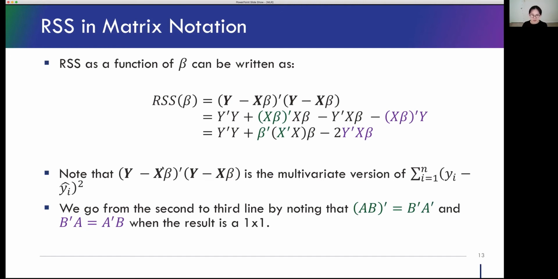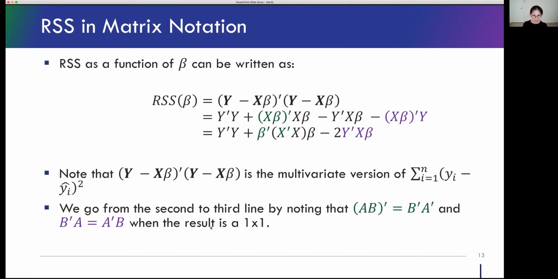That's why people prefer to use this matrix formulation to derive the estimates for your coefficients.